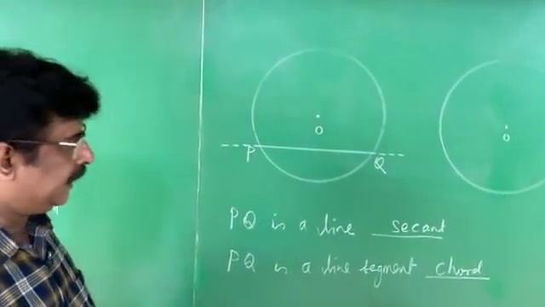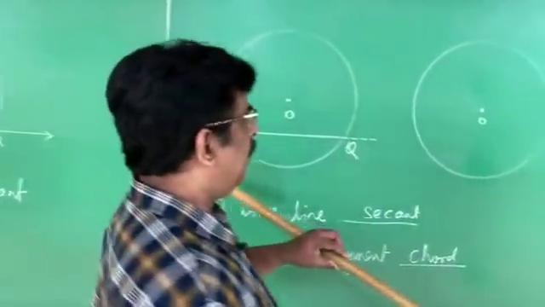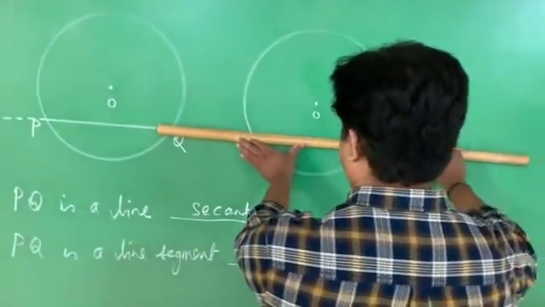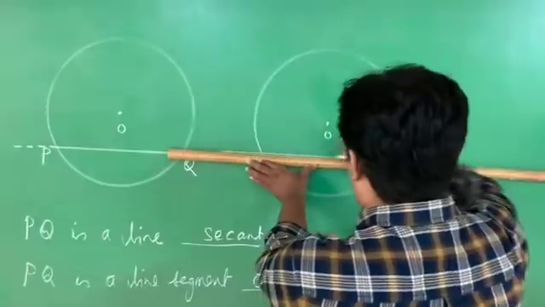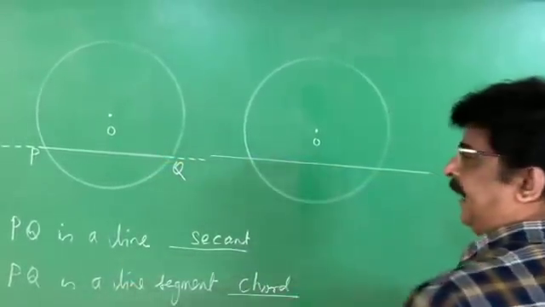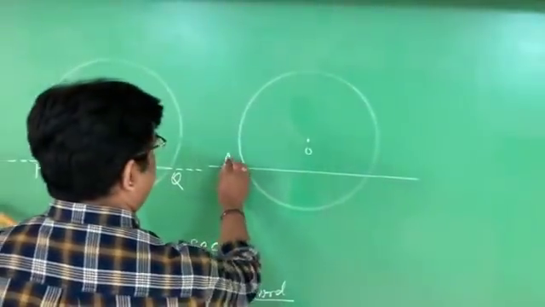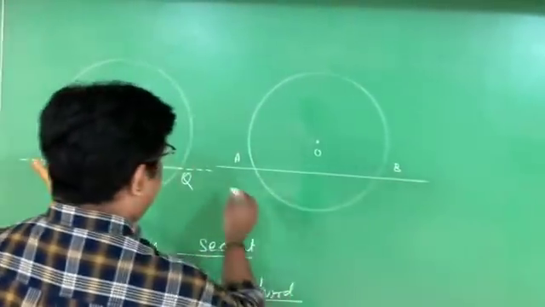One more thing. I write a secant here. Secant means what? Secant is a straight line. It can be extended. I call this AB.